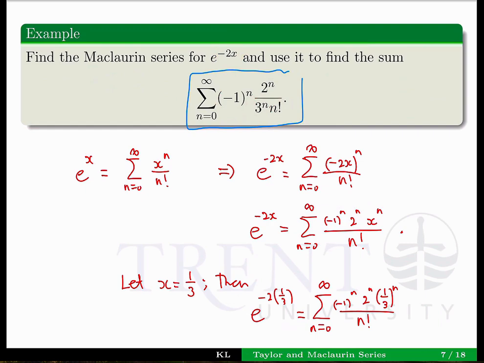And if we rewrite this, it is equal to the sum n from 0 to plus infinity of negative 1 to the n, 2 to the n over 3 to the n, n factorial.